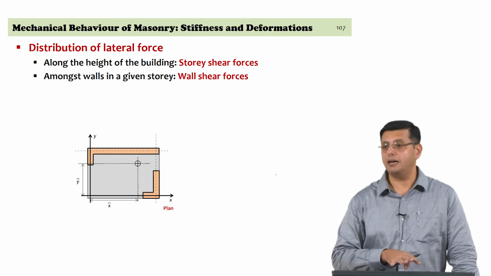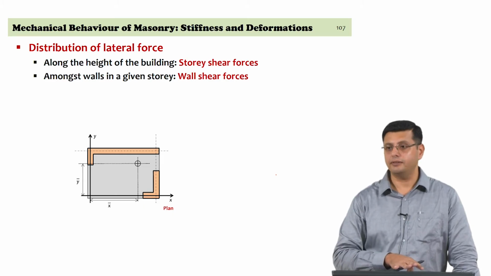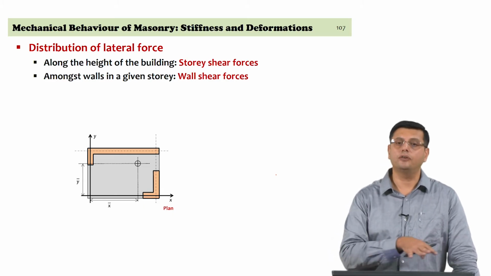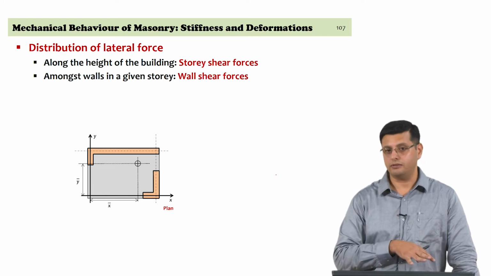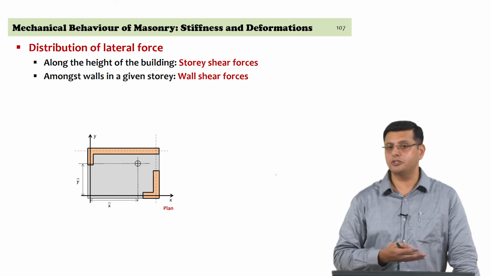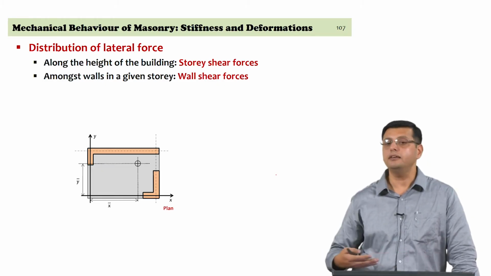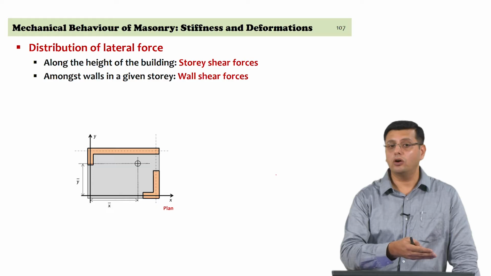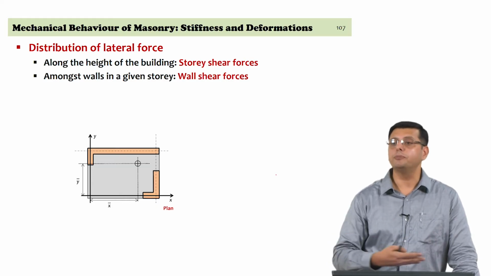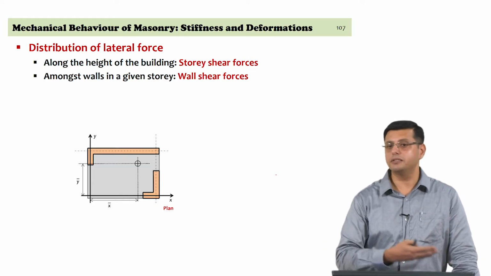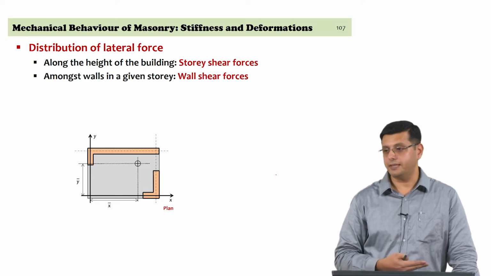The center of mass of that story and the center of stiffness of the distribution of the walls match, and in such a situation, if you have lateral force acting along the x direction or along the y direction, you are going to be looking at direct shear components acting on the walls themselves.